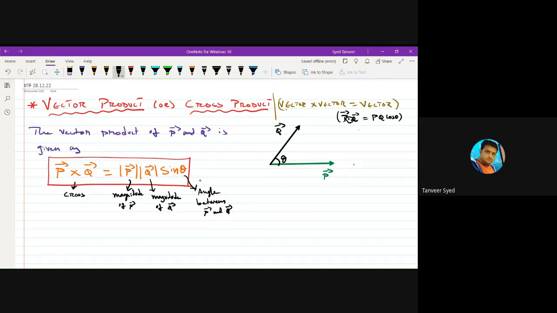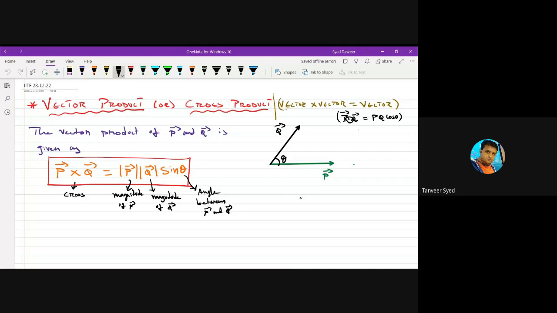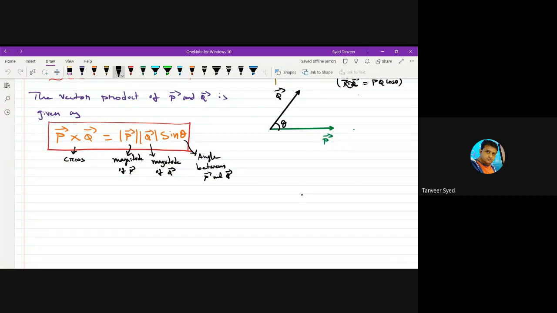Now, if you take the properties of this, but before that, one more important thing. This PQ sine theta gives you magnitude of the product. Keep in mind, we are multiplying vector P with vector Q, and the product of these two should also be a vector quantity.